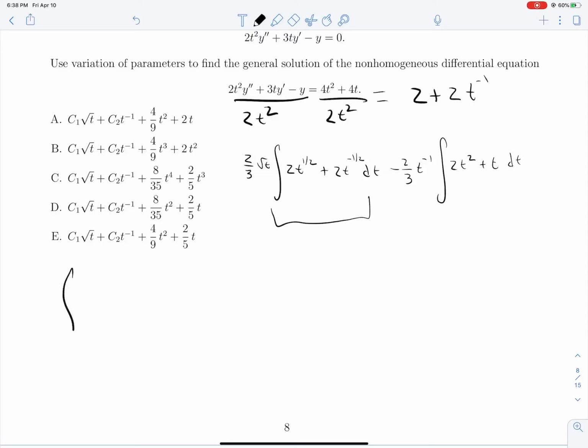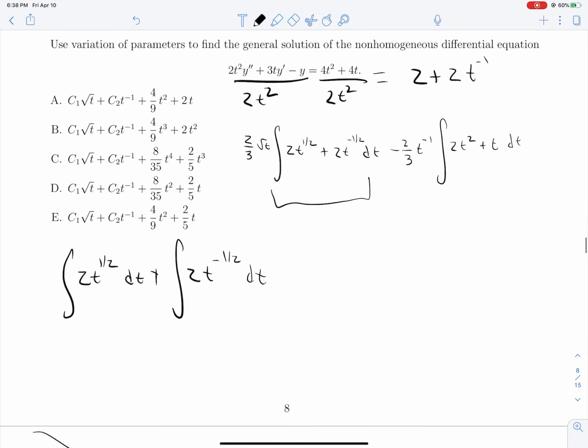Let's grab our first integral, just this portion right here. We have the integral of 2t to the 1/2 dt plus the integral of 2t to the negative 1/2 dt. So computing these two individually, this will be 2t to the 3 halves multiplied by 2/3, which is 4/3.